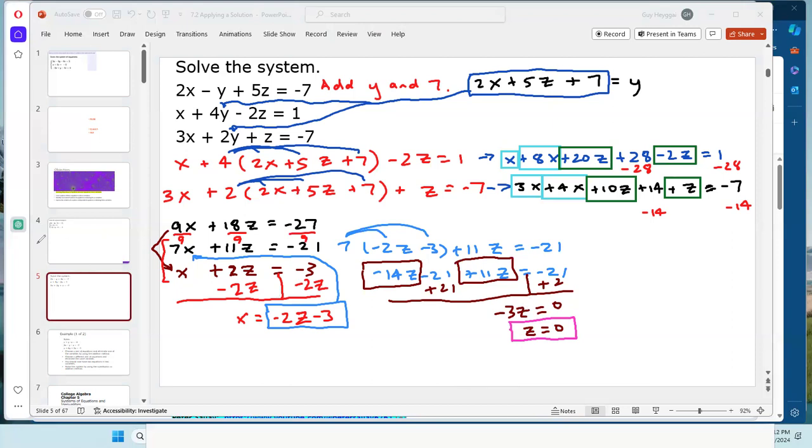Substitute to get x. x is -2 times 0 minus 3. First expression blown up, x equals -3.